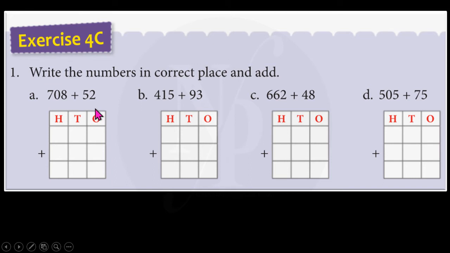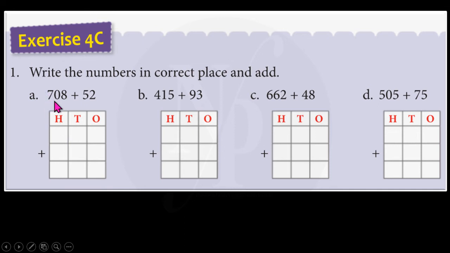We should write them at correct places and add those. Let us do that now. In the first question A, we have 708 plus 52. 708 is a 3-digit number and 52 is a 2-digit number. So let us write these numbers appropriately in the given boxes here, and then we will add to find the correct sum.